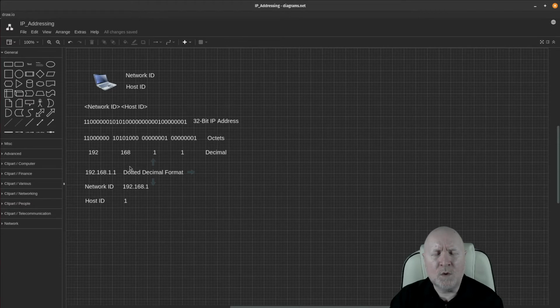So that's where we've got what's called dotted decimal format. These are decimal numbers which are separated, if you will, by a dot. And that's why you'll hear the common pronunciation of 192.168.1.1. Sometimes you'll just ignore the dots and say it's 192.168.1.1.